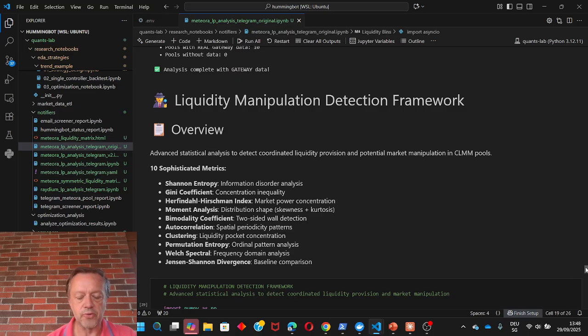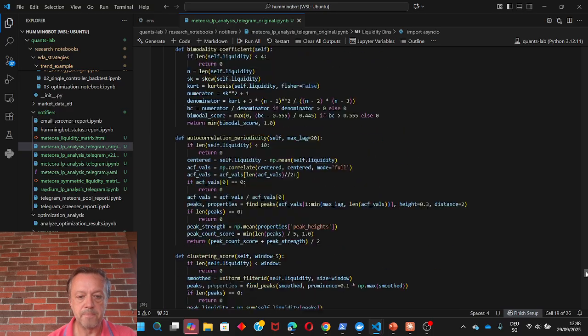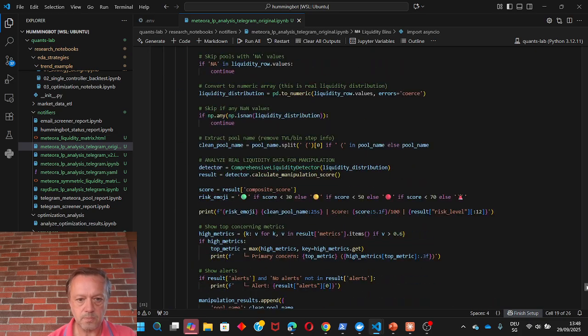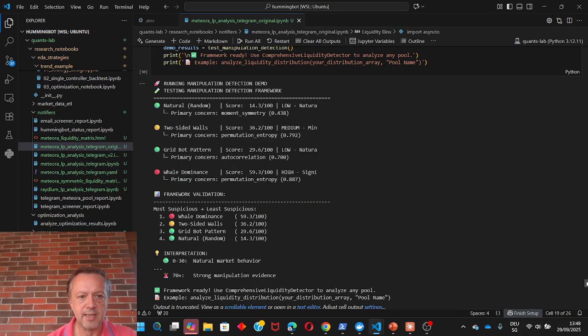Then we put together these indicators to provide a report across the main pools analyzed, to understand if it is more of a random, natural pool, if there are more two-sided walls, if there are many bots present, or if there is a clear whale dominance.